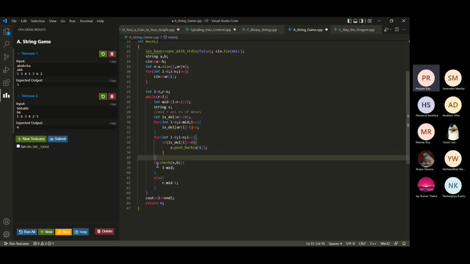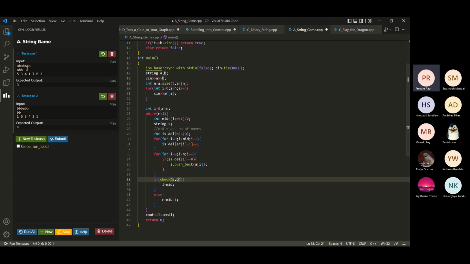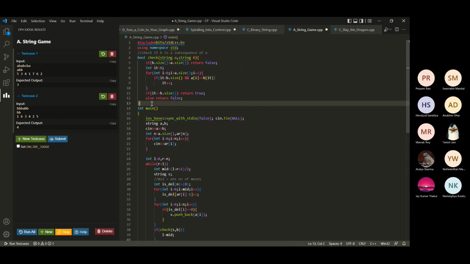Then we will check if our string b is a subsequence of s. This is the code to check if a string is a subsequence of another.